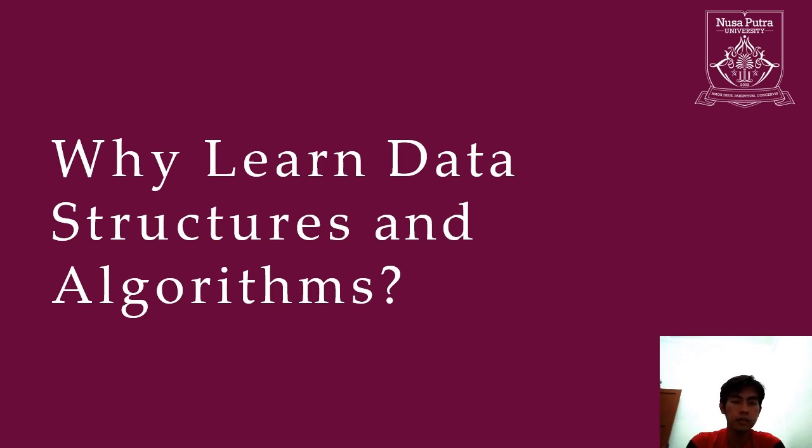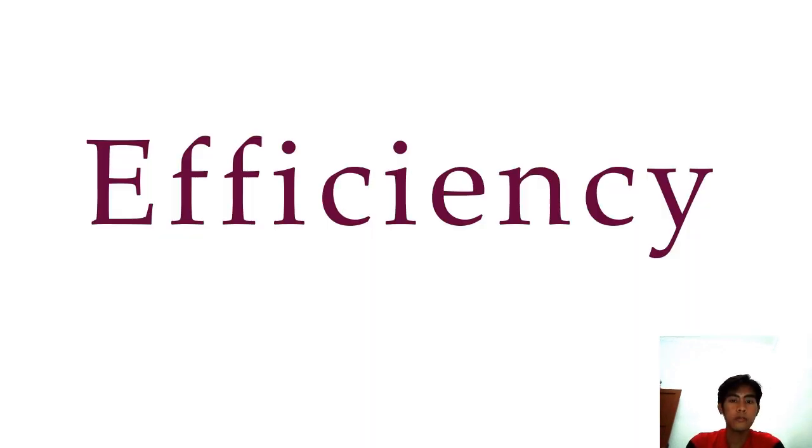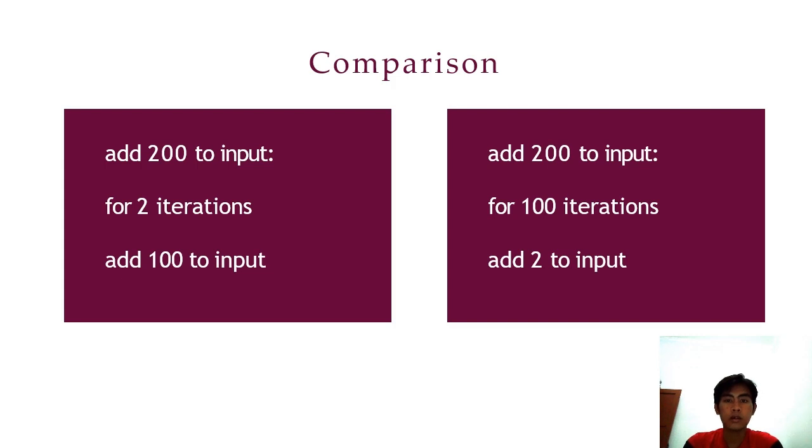We learn data structures and algorithms, efficiency, comparison. Two hundred to input for two iterations or adds 100 to input.